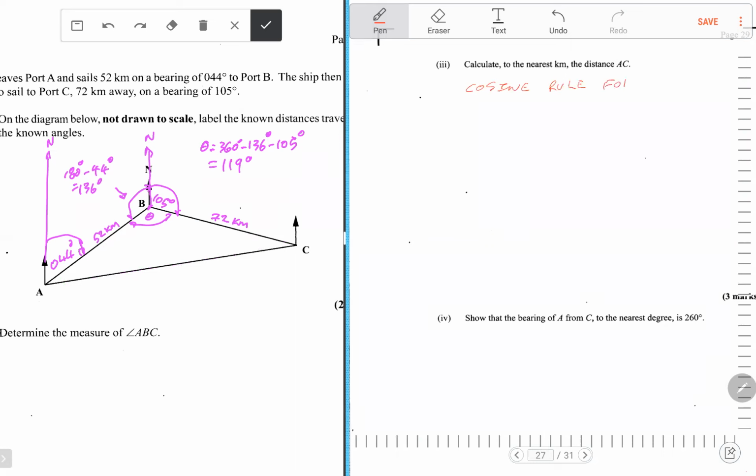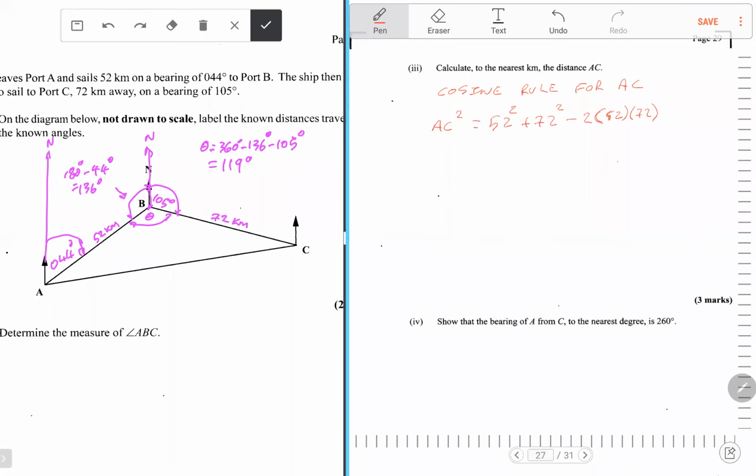So cosine rule for AC, and it goes AC squared equals this side squared plus this side squared, 52 squared plus 72 squared, minus 2 times the product of the two sides, 2 times 52 times 72 times the cosine of the angle between them.